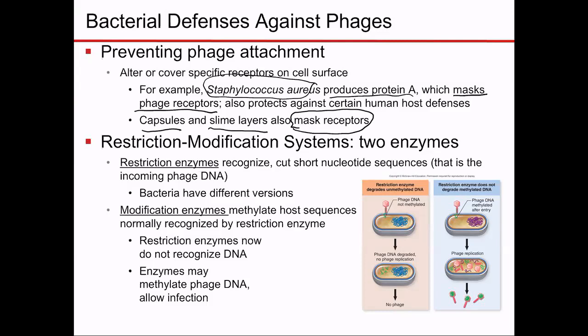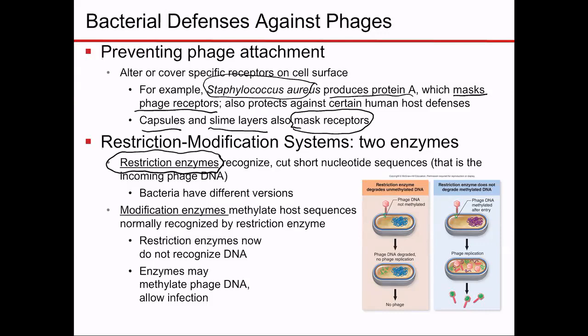Now, if the virus enters the cell, what other mechanisms could the bacteria have to prevent this infection? Well, there is an important mechanism here, and it's the production of restriction enzymes. These are enzymes that cleave, that cut DNA into fragments at a specific nucleotide sequence. It could be at that specific sequence or near that specific sequence.